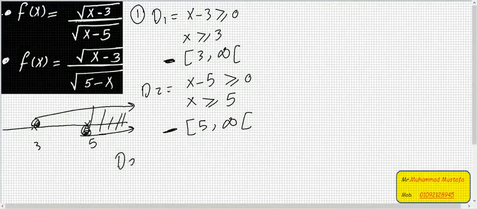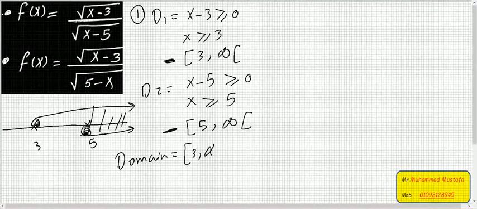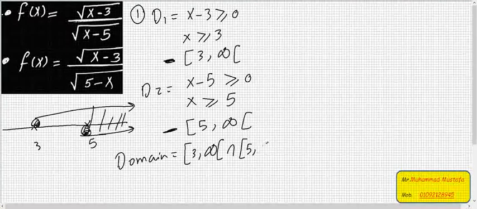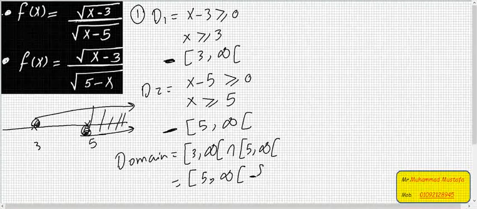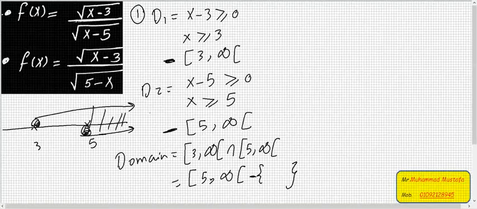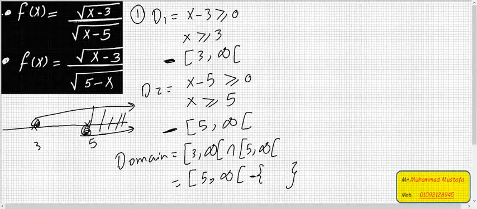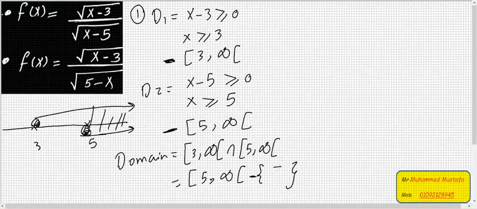Domain equals 3 to infinity intersection 5 to infinity, which equals the interval 5 to infinity, minus the set of zeros of the denominator. Here the denominator equals 0 at x equals 5, difference 5.